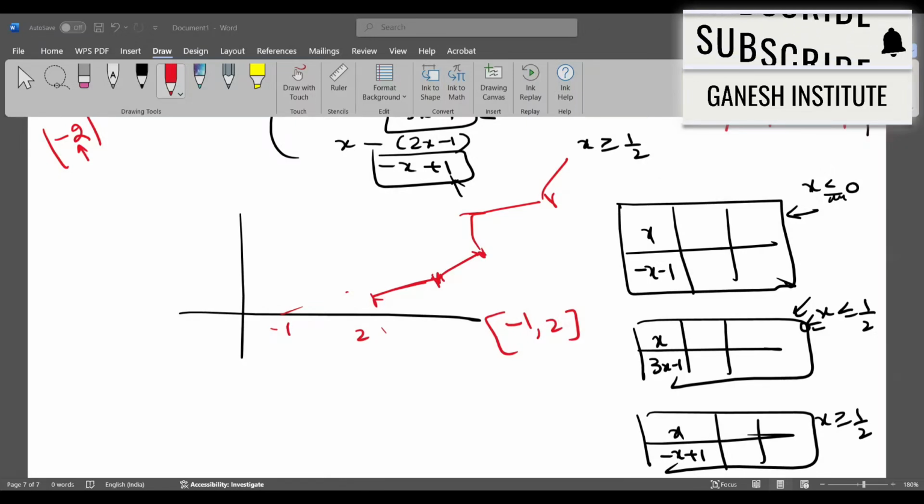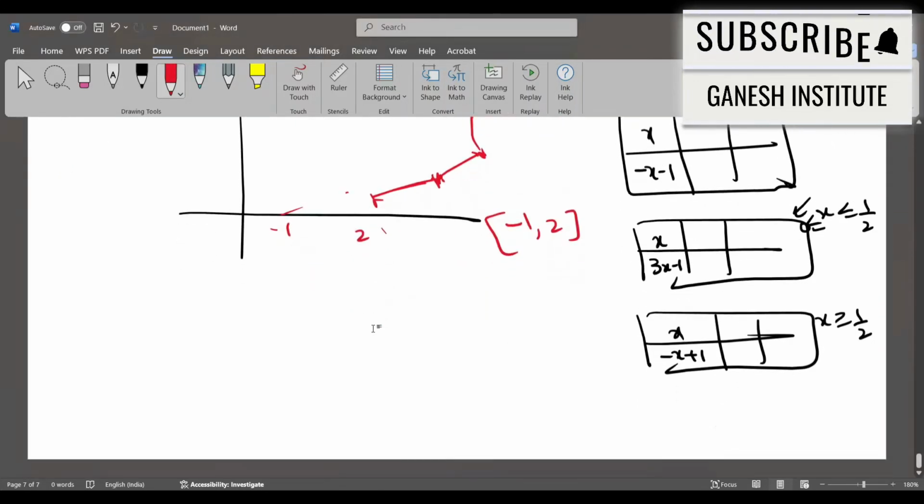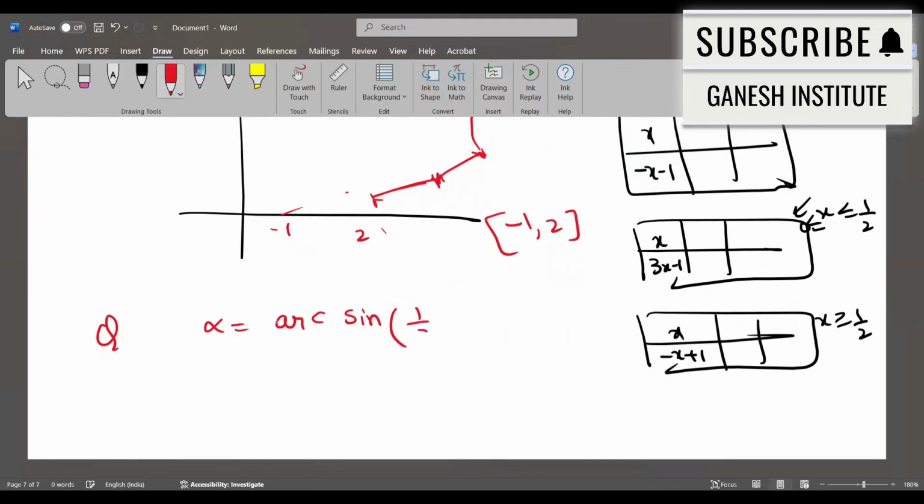Okay. So for example, if you have alpha equals arc sine 1 over 3, and you have to find out every other thing: cos alpha, tan alpha, sine 2 alpha.